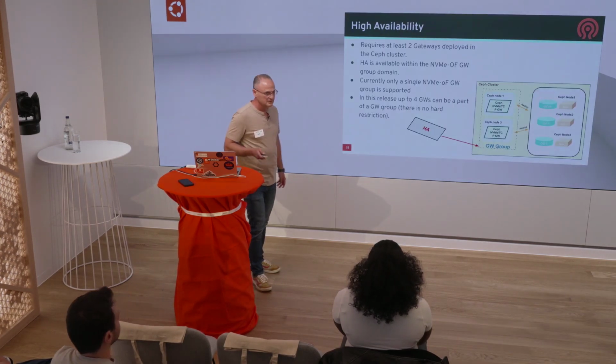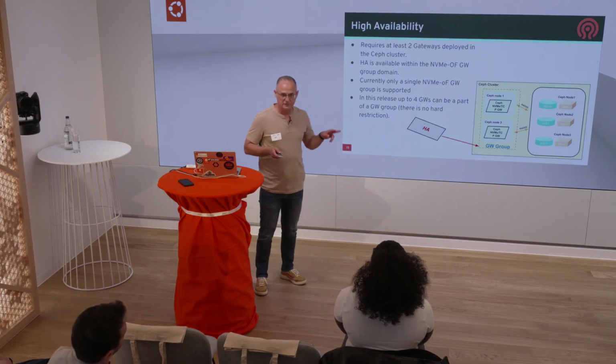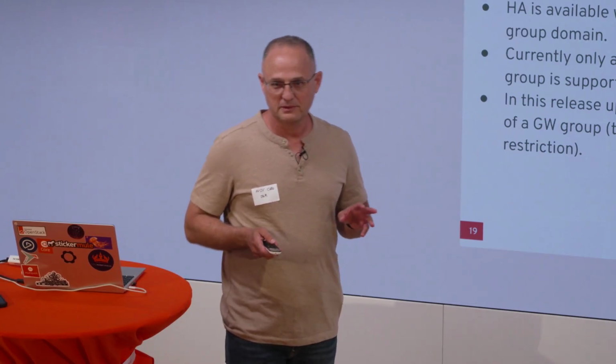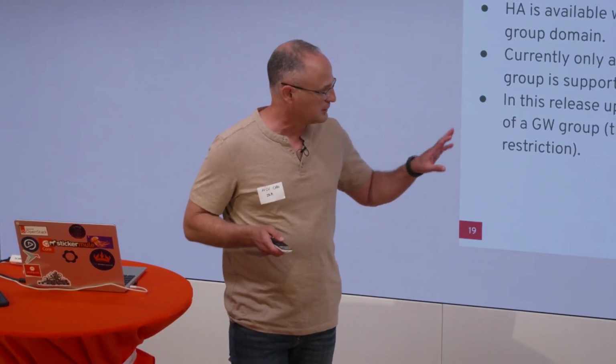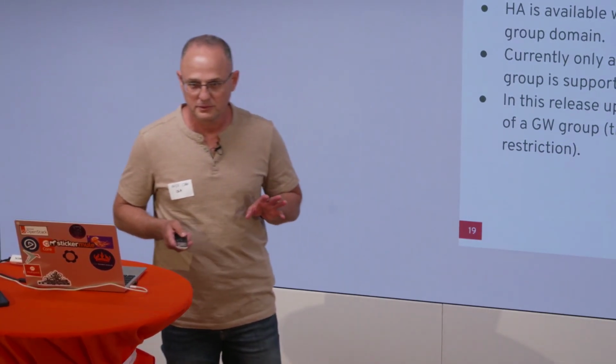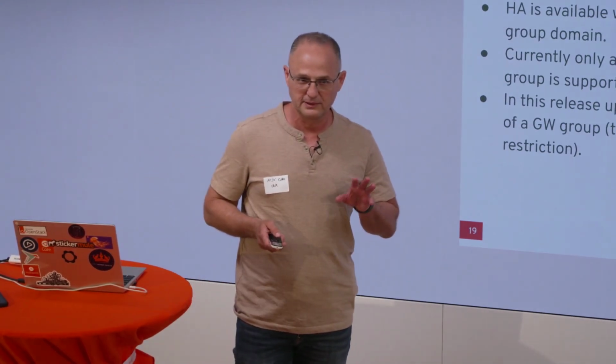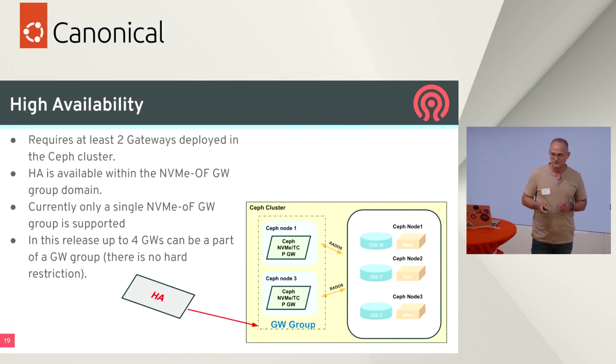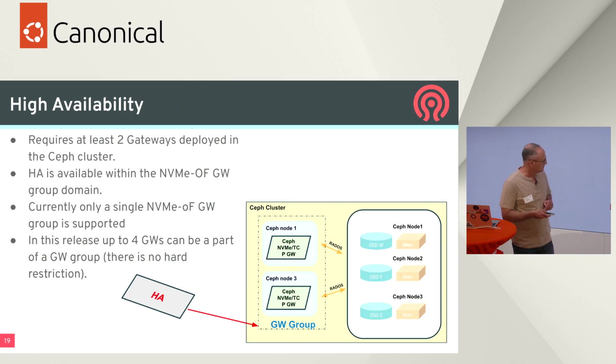Okay. So we have a concept called gateway groups in NVMe-oF. Right now, what we support upstream is one gateway group. And actually, a gateway group defines the high availability domain. So you can fail over between gateways in the gateway group. This is what we see here in the slide.